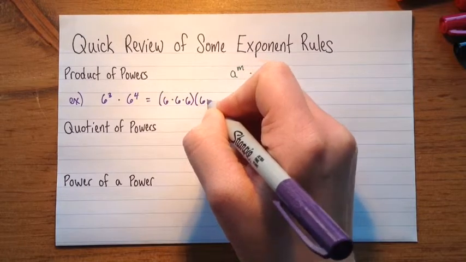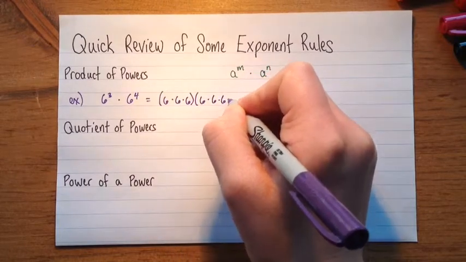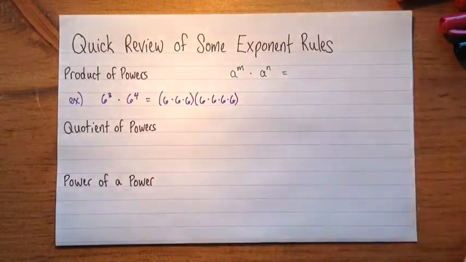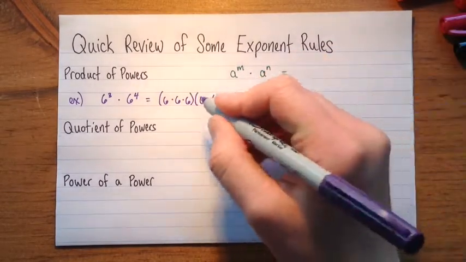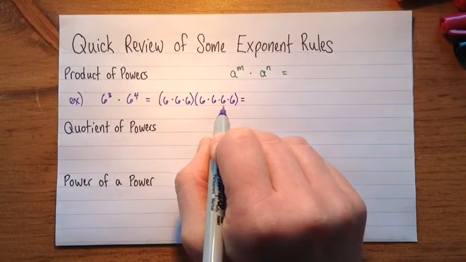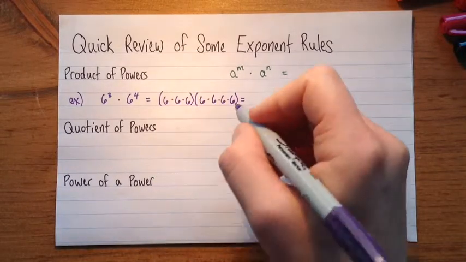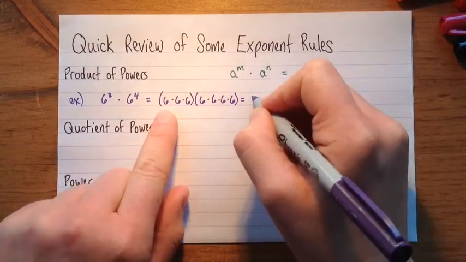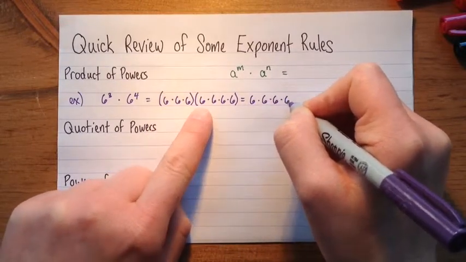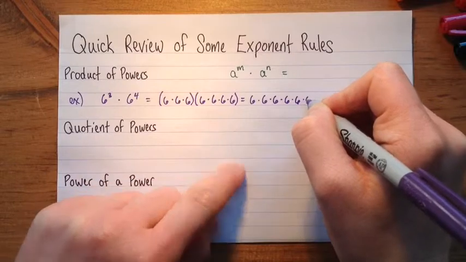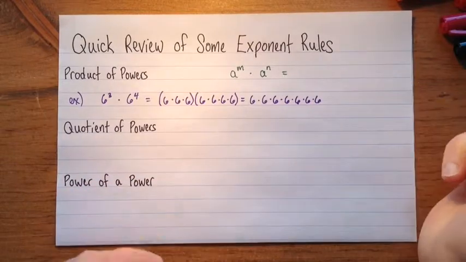And 6 to the exponent 4 means 6 times 6 times 6 times 6, 4 times. These brackets here don't matter, we're just multiplying a whole lot of stuff together. So we've got 6 times 6 times 6 times 6 times 6 times 6 times 6.